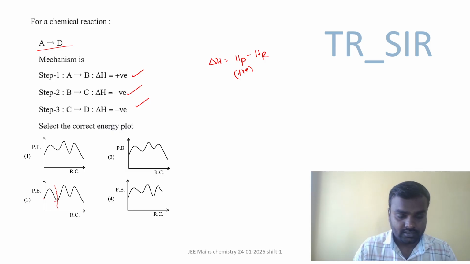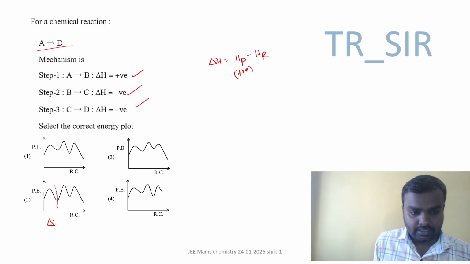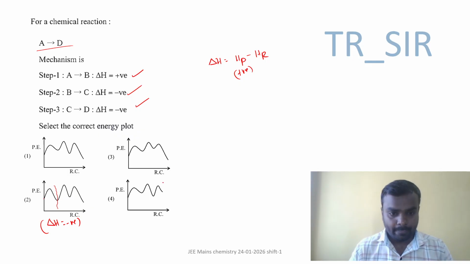Reactant is more means you'll get del H negative here. First step is coming negative. Now if you see here, in the first step the reactant is less, the product is more. Positive is coming.